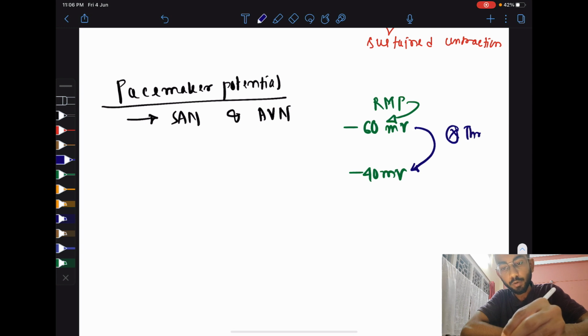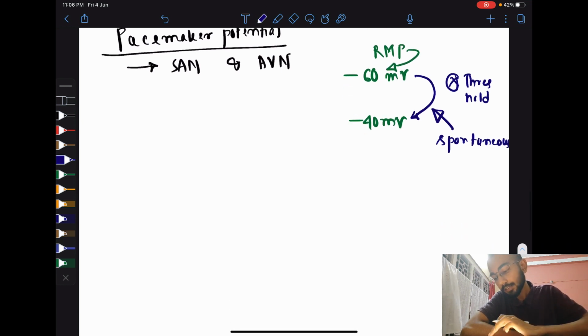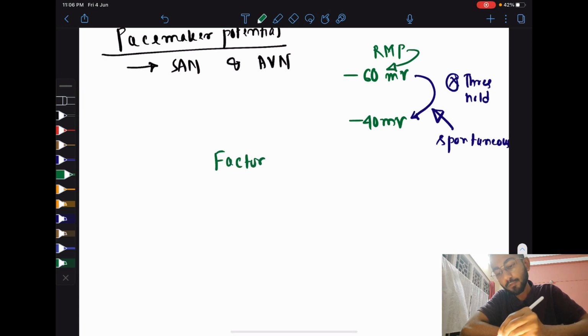Then how does it go from minus 60 millivolt to minus 40 millivolt? This change of resting membrane potential is spontaneous, right? And what are the factors which create this spontaneous change of the resting membrane potential?